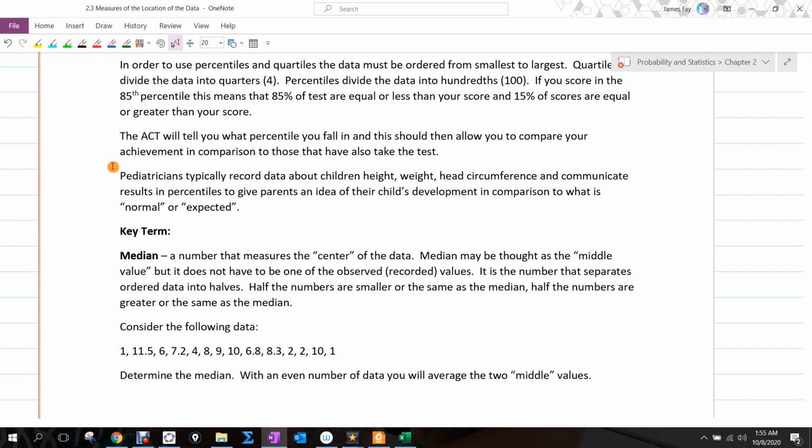Pediatricians will measure weight, height, head circumference, that type of stuff, and then they will compare that particular person to all of the collected data of all children, which is nice for parents to see. What is normal? Is my kid getting too big too fast? Are they not growing? Is their head oversized? That kind of thing.